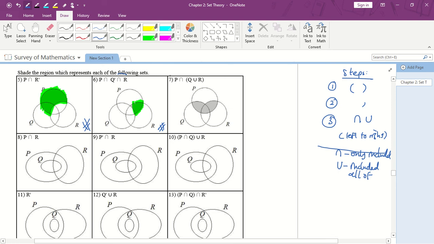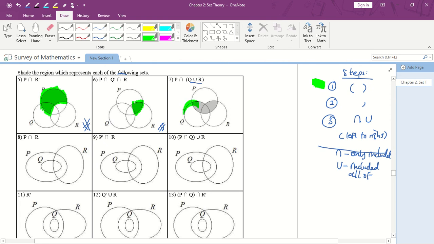P intersect Q union R with a parenthesis. So now it appears parenthesis. So parenthesis always is the first step we need to do. So Q union R. We need to shade Q union R. Union means include everything.